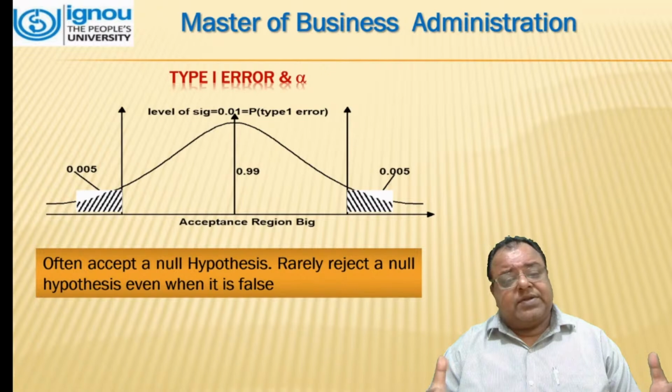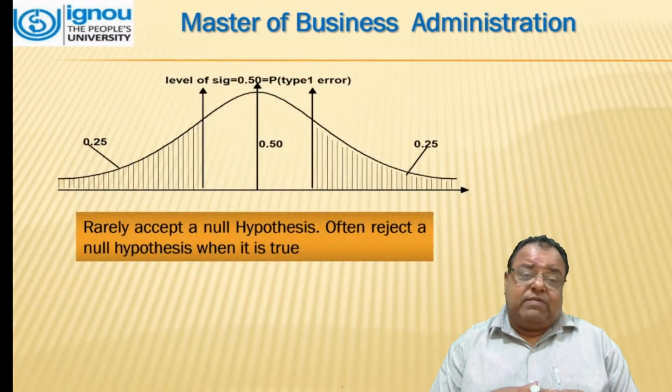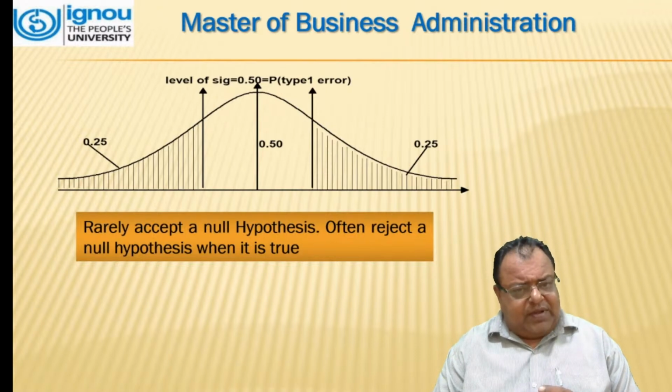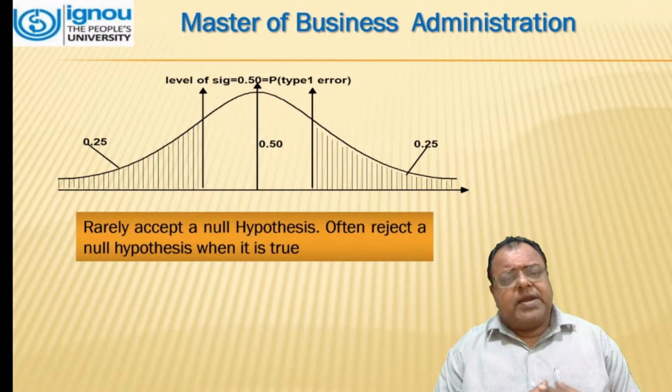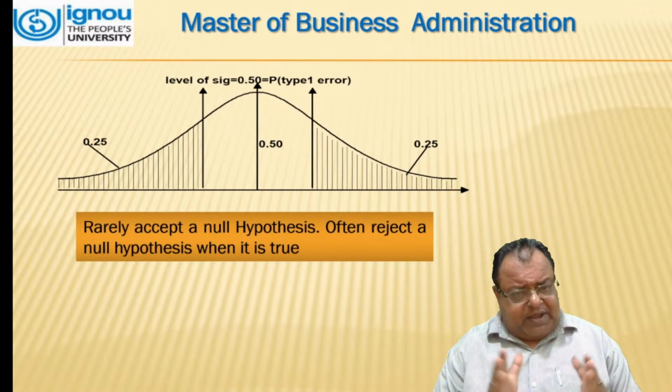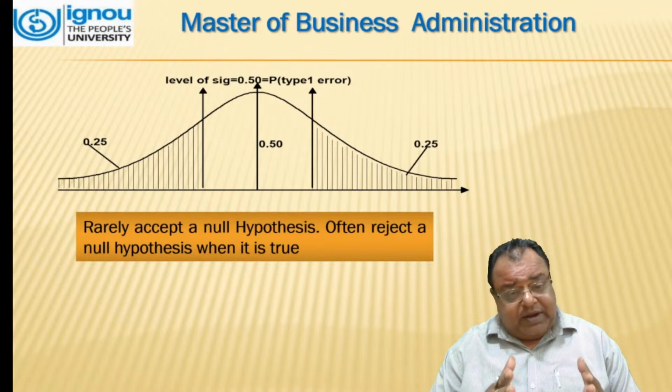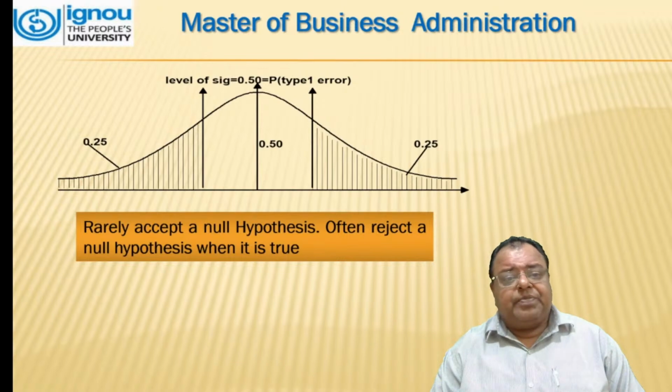Here, the acceptance region is big. When the significance level is equal to 0.5, that is again a probability of type 1 error. Here we can see that the area has reduced. Rarely accepts a null hypothesis, often rejects a null hypothesis when it is true.